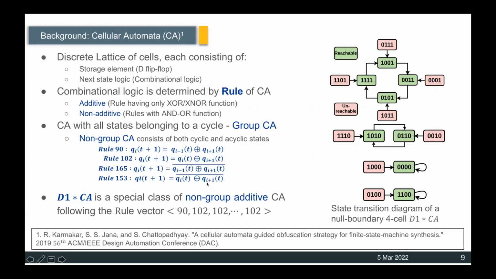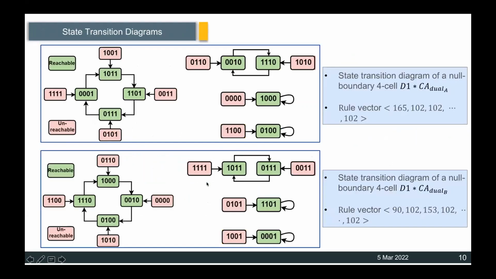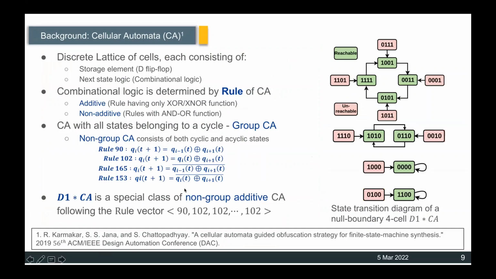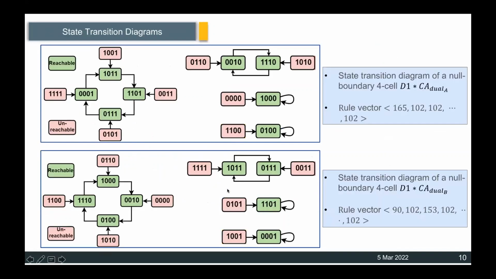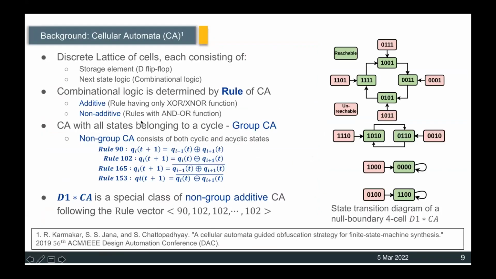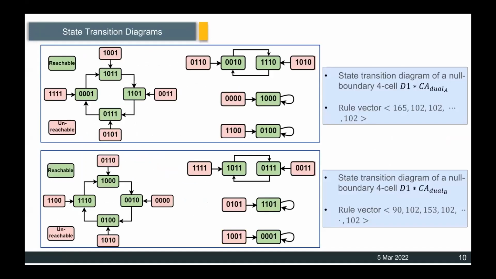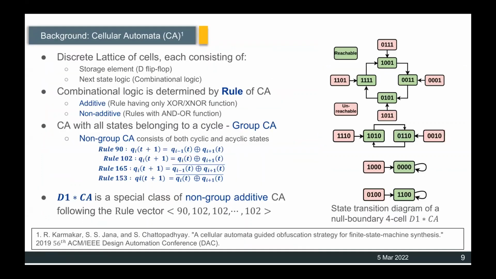And likewise, if you take the D1* CA dual B, you make a change on the third cell where you make it 153, where 153 is nothing but the XNOR of the self and the right cells. The interesting part is that what was reachable in the previous case becomes the unreachable states in the next configuration, and so on. So this logic locking mechanism, which was proposed in DAC in 2019, uses these three automata and tries to develop a scheme.